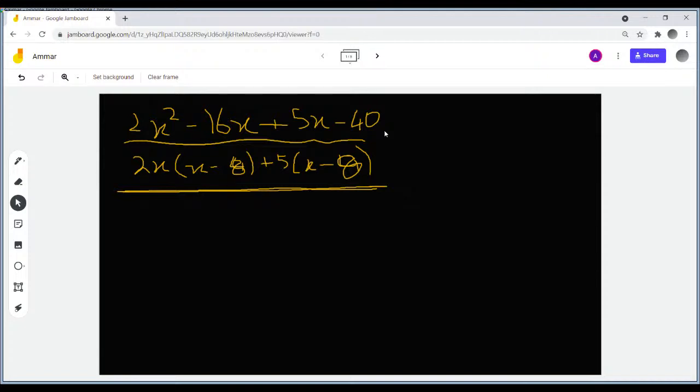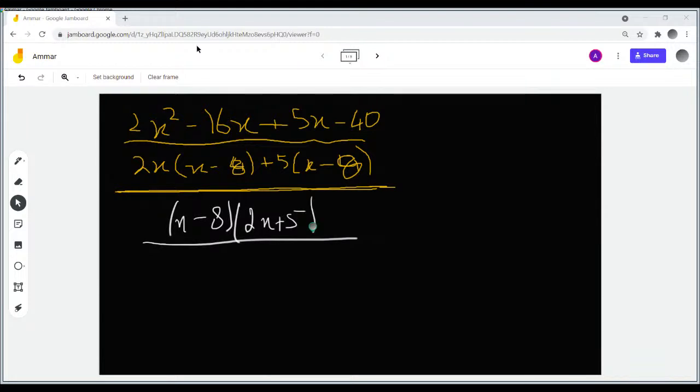No, no, no. First of all, we'll try to be just a tad bit neater with this. So, for example, you have got 2x squared minus 11x minus 40. Now break down the denominator into factors. 32 and 4. 8 4s are 32.